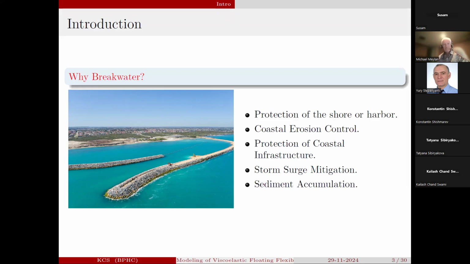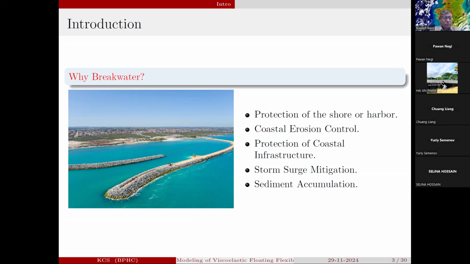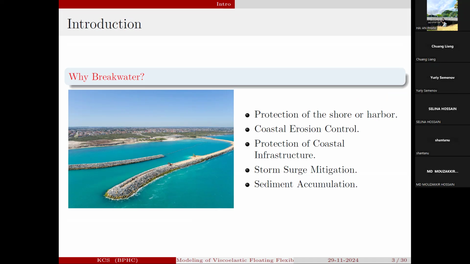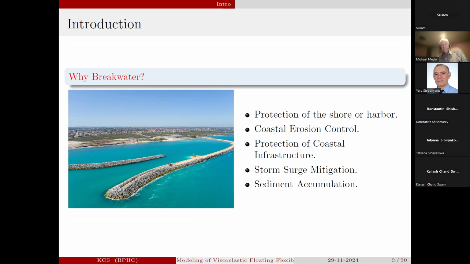With its help, protection of coastal infrastructure can be done, storm surge mitigation can be done, and sediment accumulation can be managed. Also, flood retention, land preservation, and recreation protection can be achieved by this kind of structure.